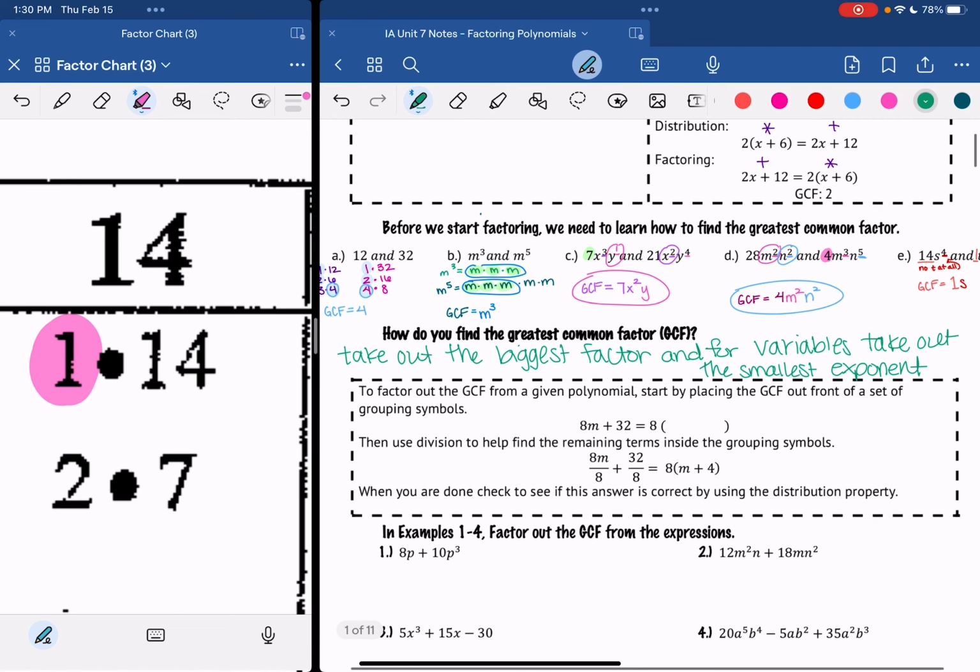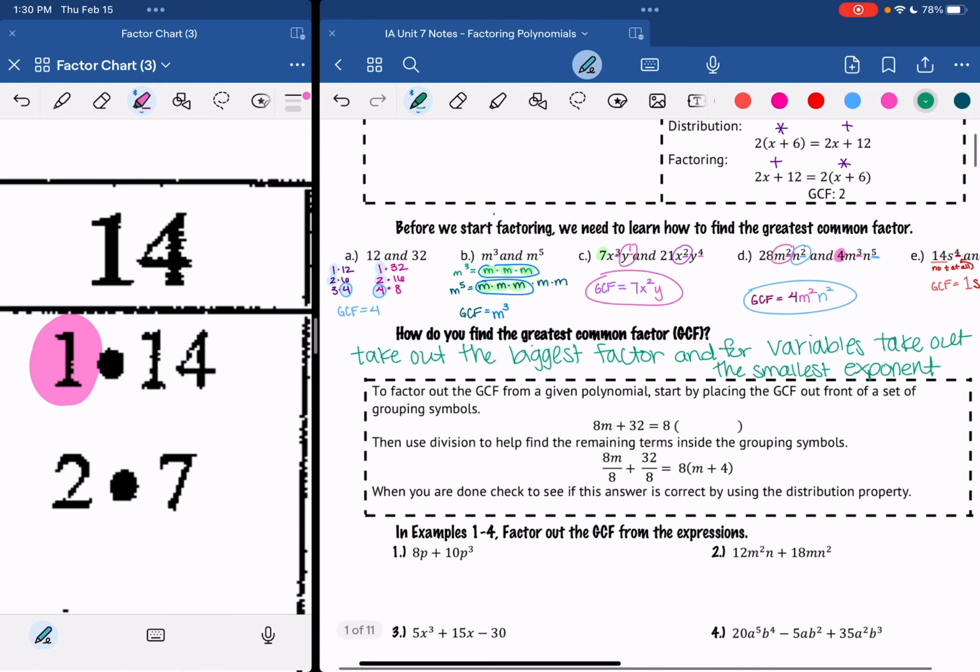So for the regular numbers, you're going to take out the biggest factor, and for the variables, you're going to take out the smallest exponent that's shared between them.